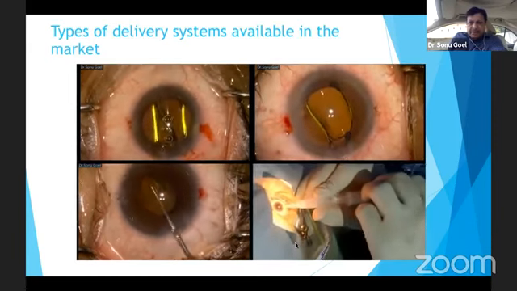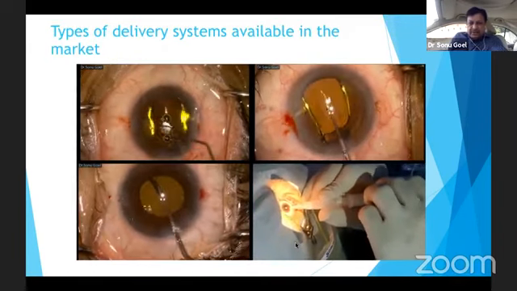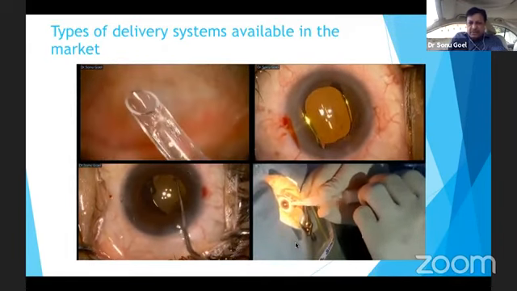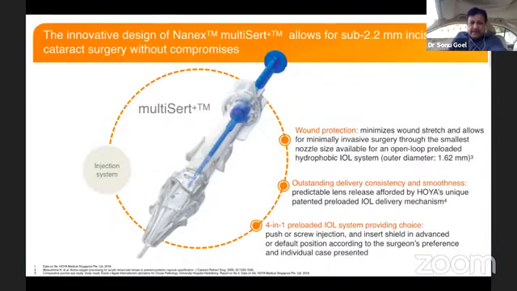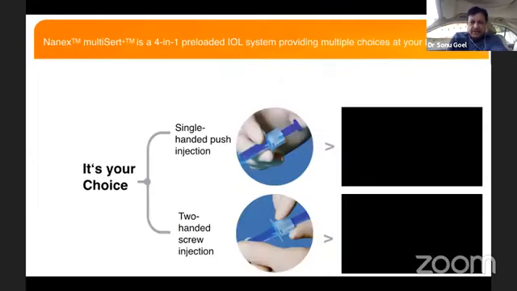My own personal experience boiled down to just one thing: Hoya was the most consistent in terms of reproducibility. More so is this Multisert injector delivery system, a beauty, a treat to operate. We can have a single-handed push injection system or a two-handed screw injection.